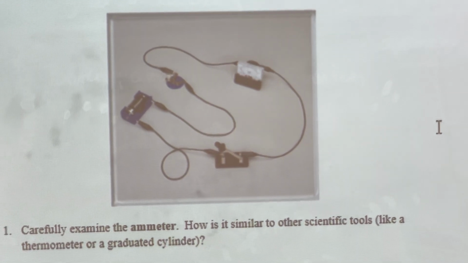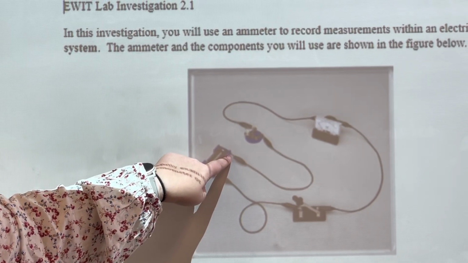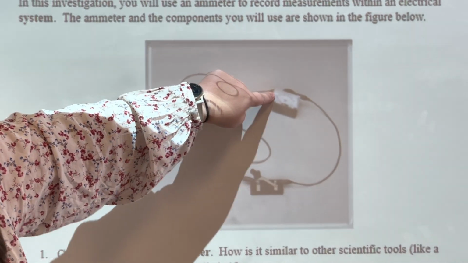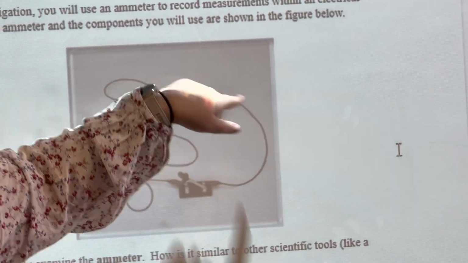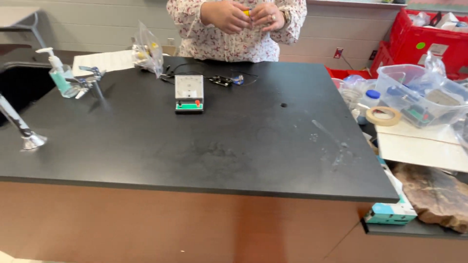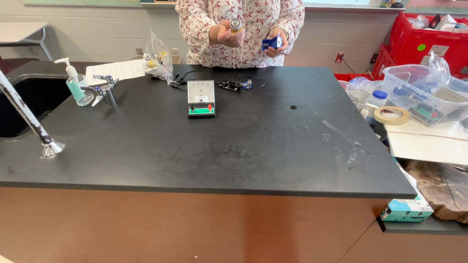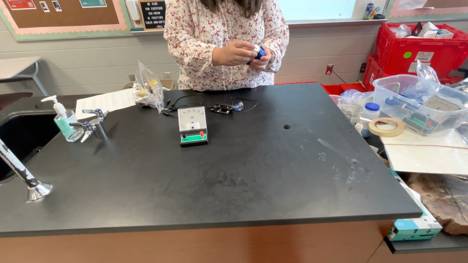And something important to know is our positive end of our battery needs to be connected to the positive end of our ammeter. So let's look over here. So this is the positive end of my battery. The part of the battery that has the little nodule at the end, that's the positive end.